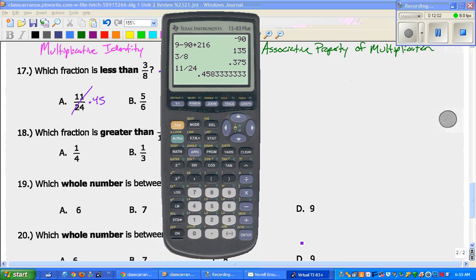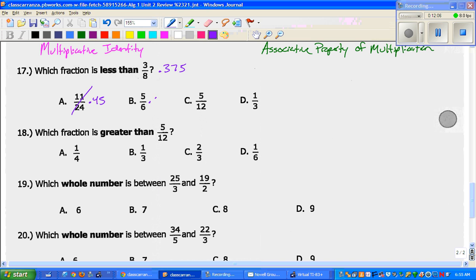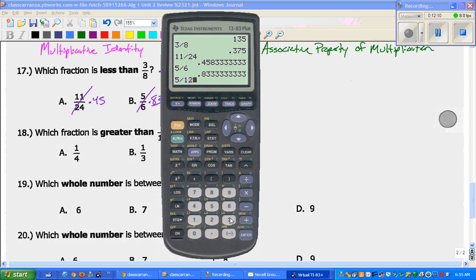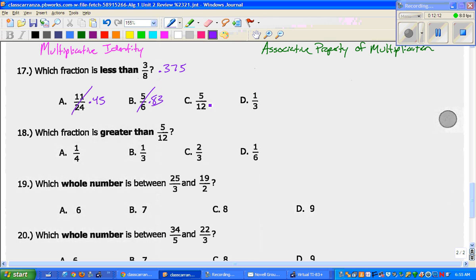So no. 5 divided by 6, 0.83. No. 5 divided by 12, no. 0.41. 1/3 I know is 0.3333, and that is less. All right, so that one was less than.